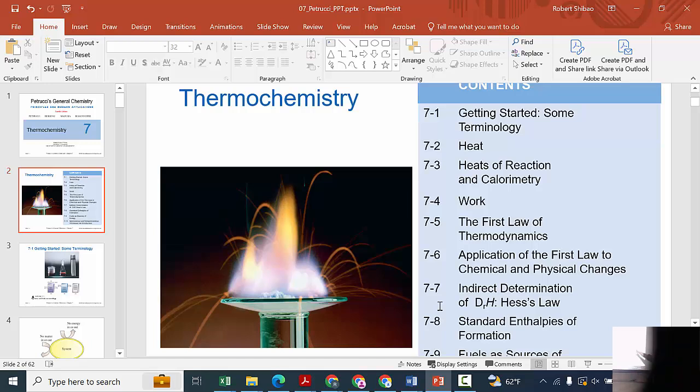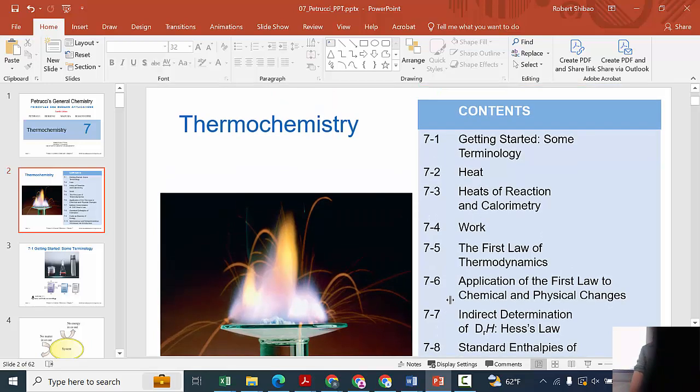But anyway, we're starting a new chapter here, chapter 7. So chapter 7 is thermochemistry. So what we're looking at is the energy associated with physical and chemical changes or processes. We'll just call them processes.